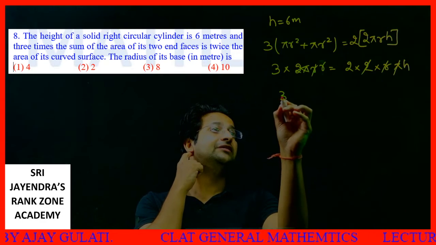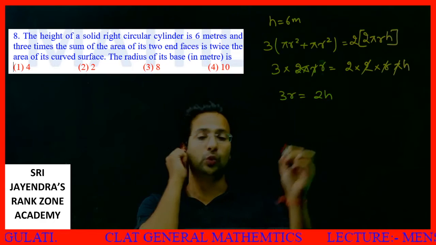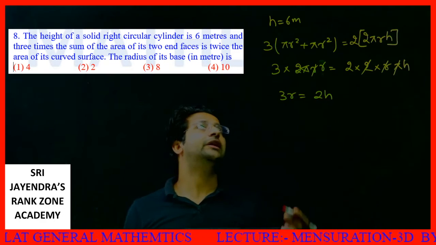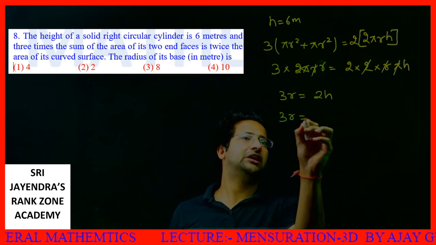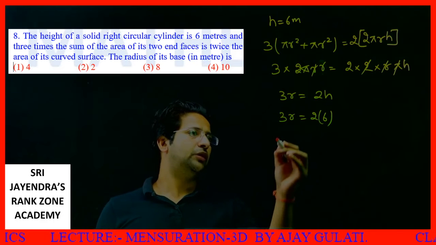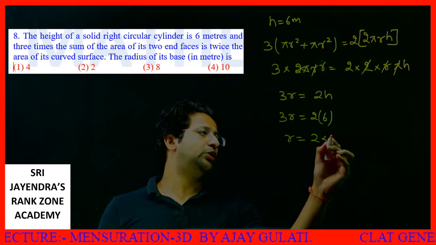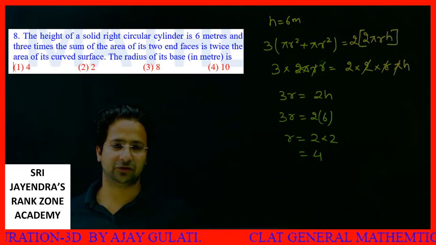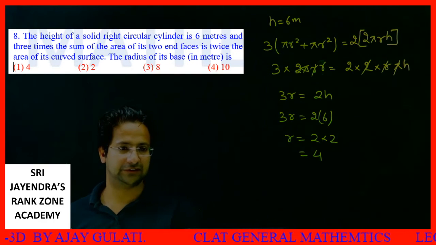So what I'm left with is 3r is equal to 2h. H is given to us as 6, so 3r is equal to 2 into 6. So I can say r is equal to 2 into 2, that will give me 4. Do we have any such option? Yes, we have the option first.